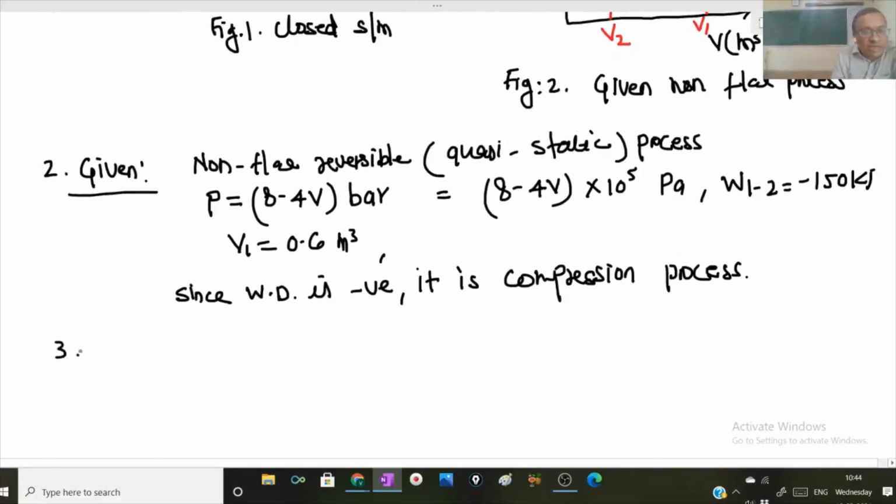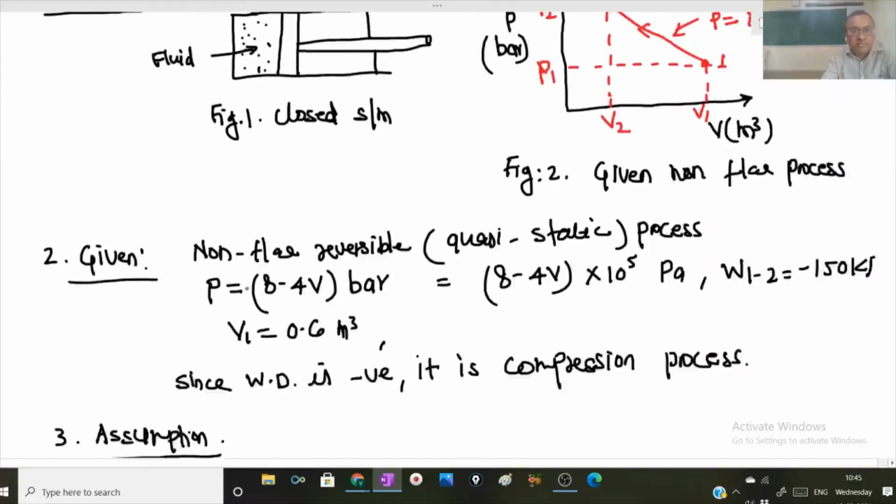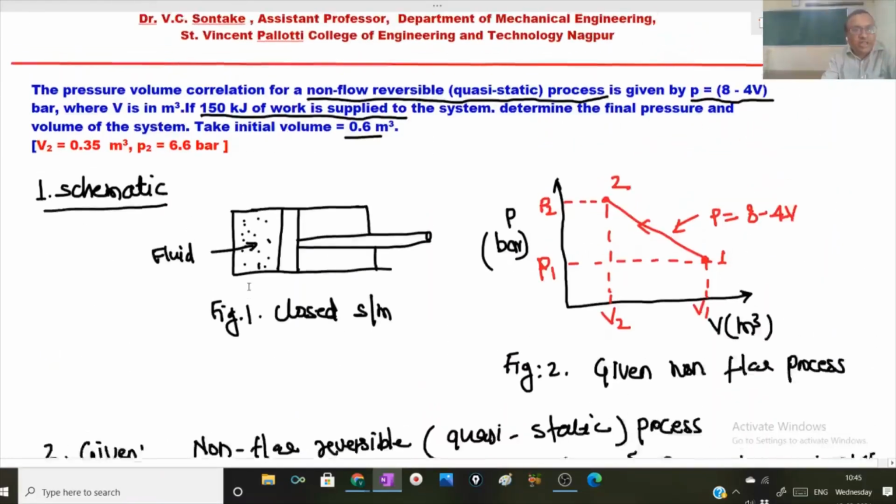After drawing the schematic and enlisting the given things, let us make some assumptions. What could be the assumption here? Because it is already mentioned it is a non-flow reversible, quasi-static process, what sort of assumption can I make? I have to think. Okay.